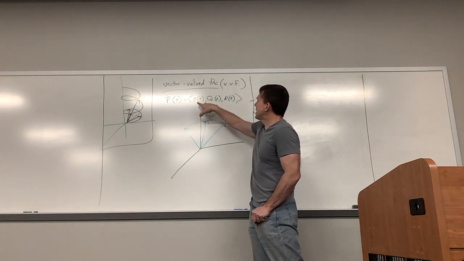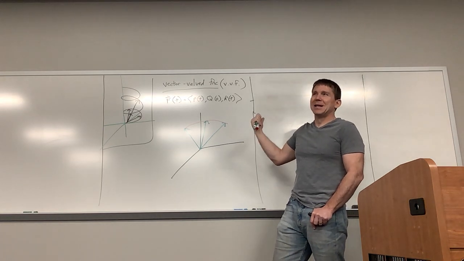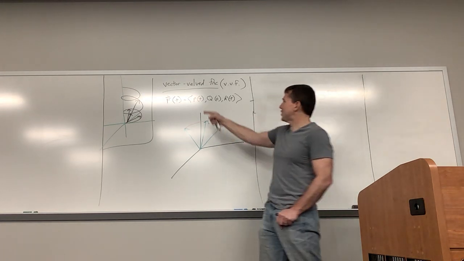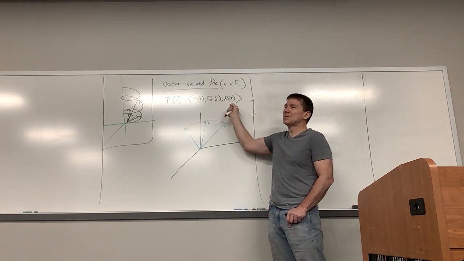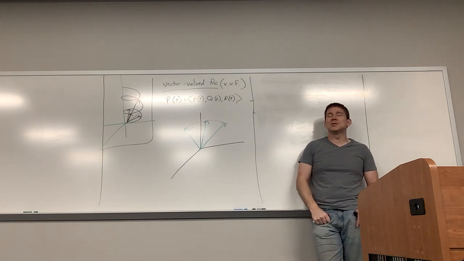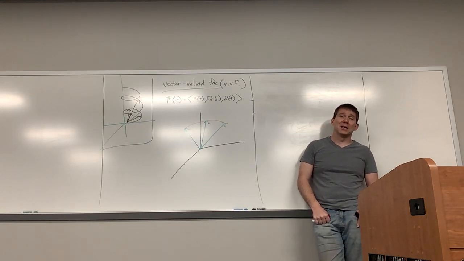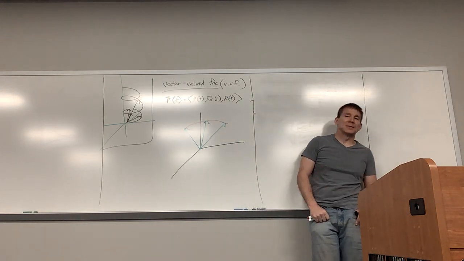I can simply find the limit of each component function, and if those limits exist and equal the value of each component function at that point, then the vector valued function will be continuous at the point. So it's the exact same definition as our single variable functions. We just do it in triplicate, once for each of the component functions.